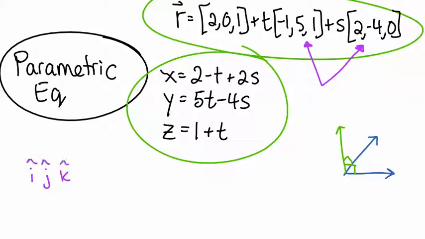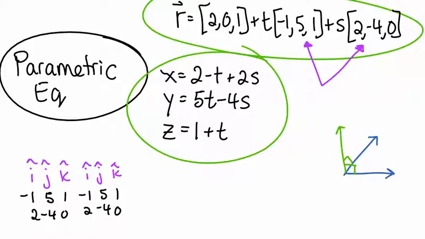So i hat, j hat, k hat. Shh, I'm running out of time. Okay, -1, 5, 1, and 2, -4, 0. So if I do my cross product, I'm going to do 0 minus -4, so that's 4.